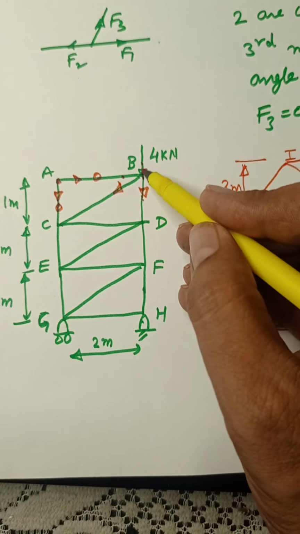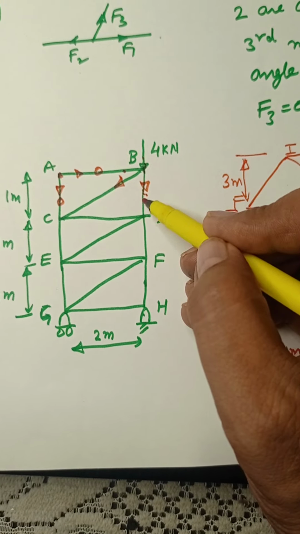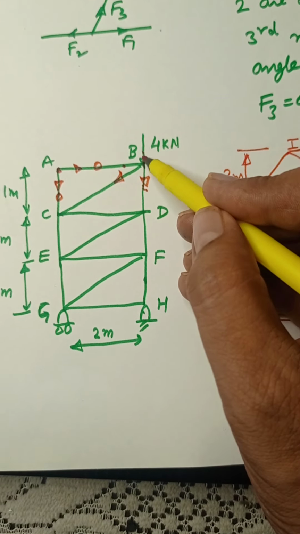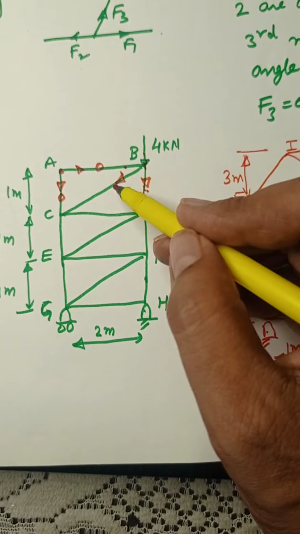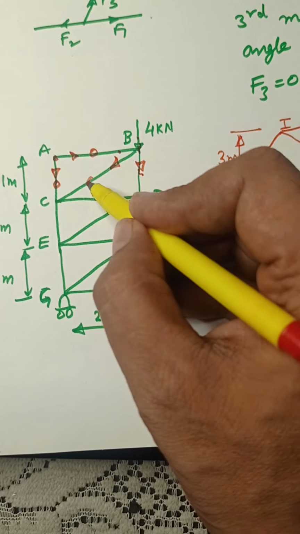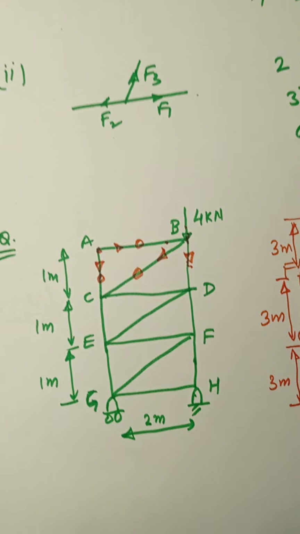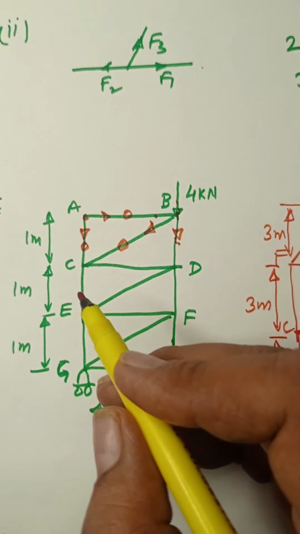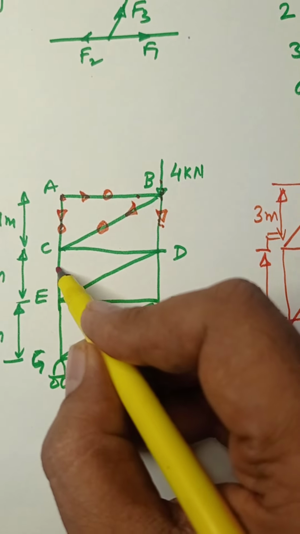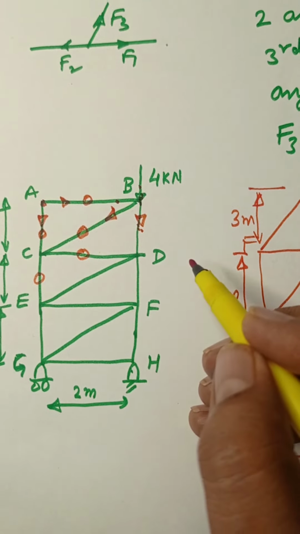These two are collinear. You see this force and the 4 Newton force, they are collinear. So that means this will become 0. Now again, at the joint C, this will become 0, this will become 0.